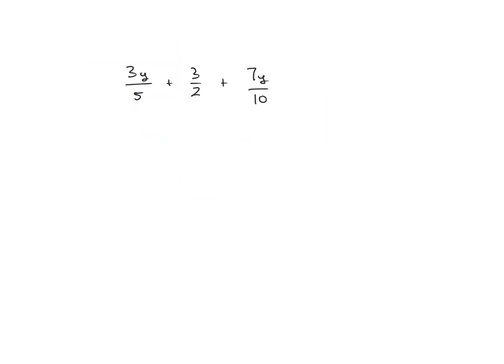Here's another good example. Basically what we're looking at is this idea that you have denominators 5, 2, and 10. If we did their multiples, 4, 6, 8, 10, we would see that they have a lowest common multiple of 10, which would mean I could use this 10 and eliminate all these denominators.